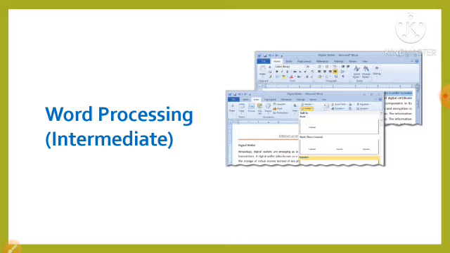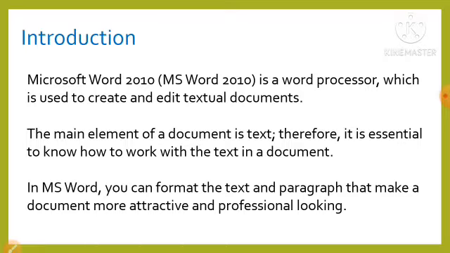Also, we can format the paragraph by specifying space between the lines and paragraphs, as well as by setting indentation. It also facilitates us to add graphical objects in a document to enhance its appearance. So this is the basic introduction of MS Word 2010.